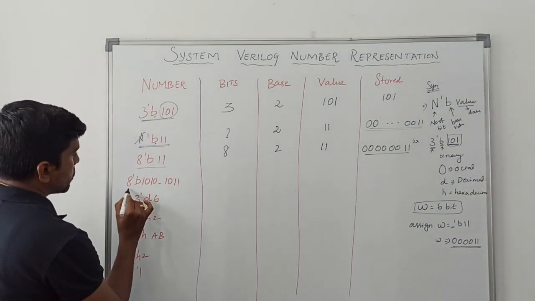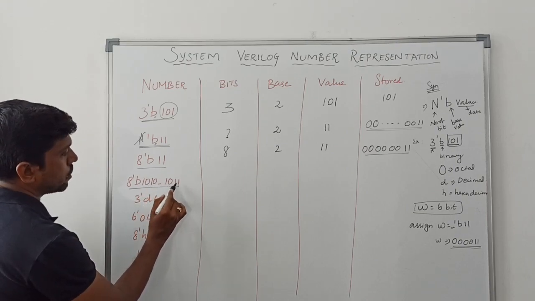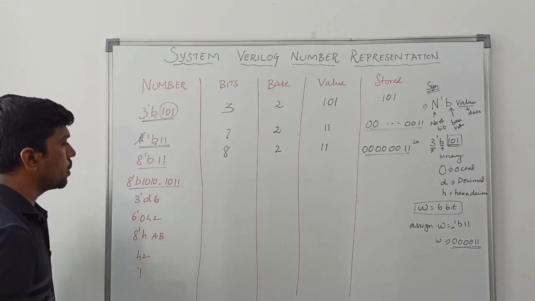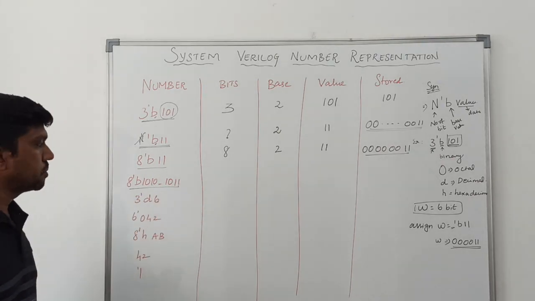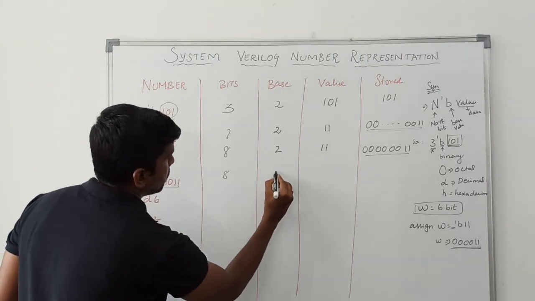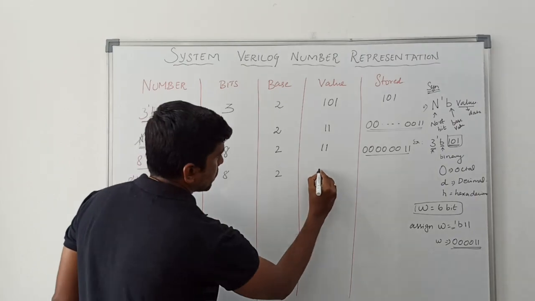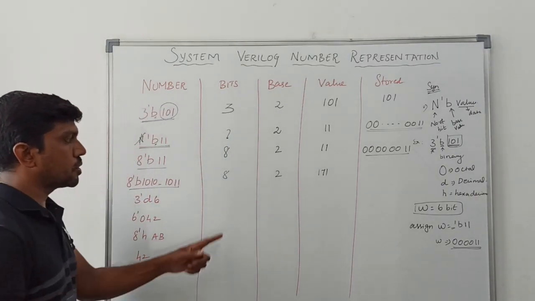Then the next one, 8 tick B 1010 underscore 1011. The underscore is for better readability. 8 is the number of bits, B represents base value 2, and the value is 171. How to find this value?